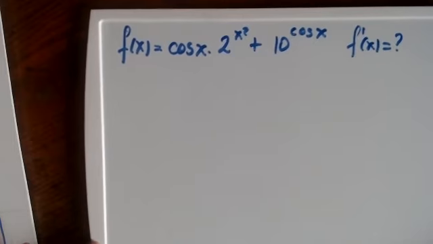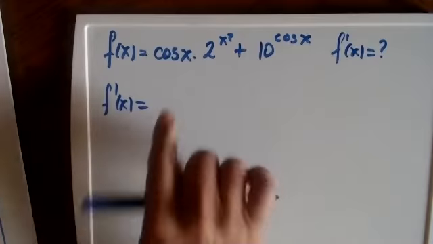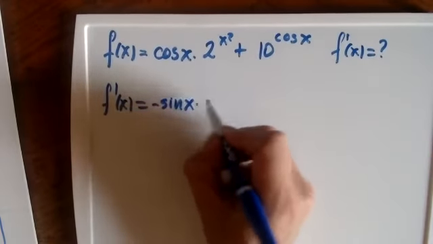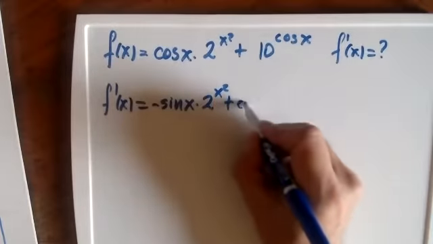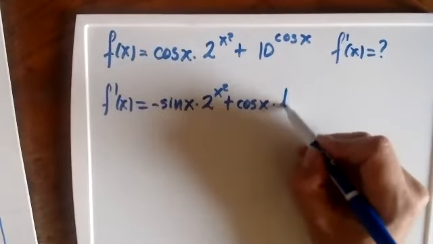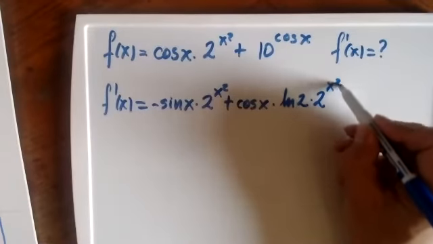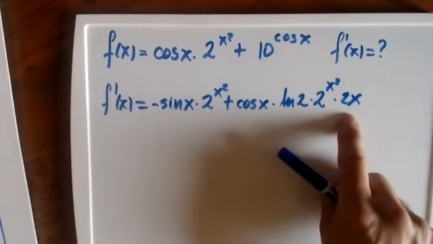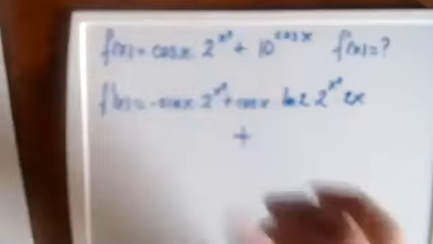So, no big deal. f prime of x is the derivative of this cosine, negative sine, times 2 to the x squared plus this function, cosine x, times the derivative of this. I have to take the natural log of the base times the original function times the derivative of the function at the exponent.